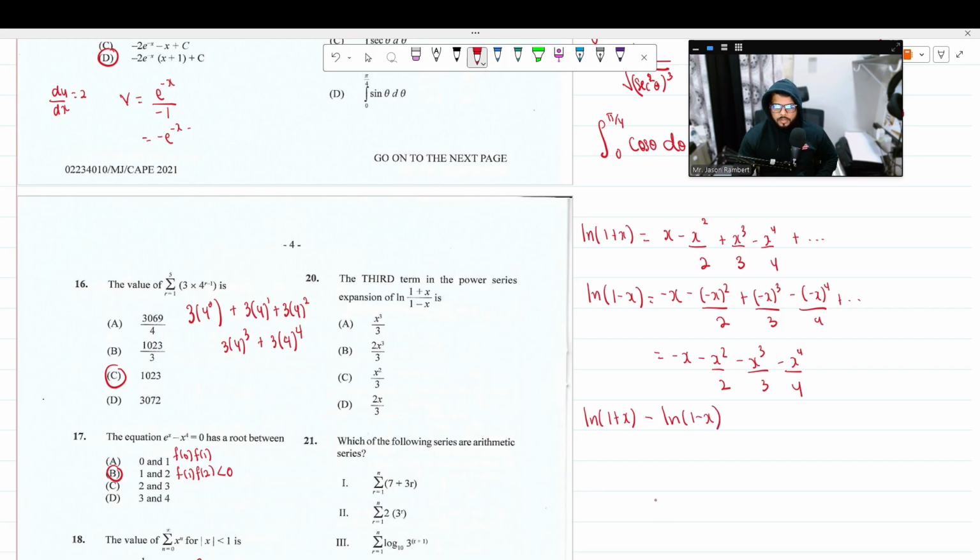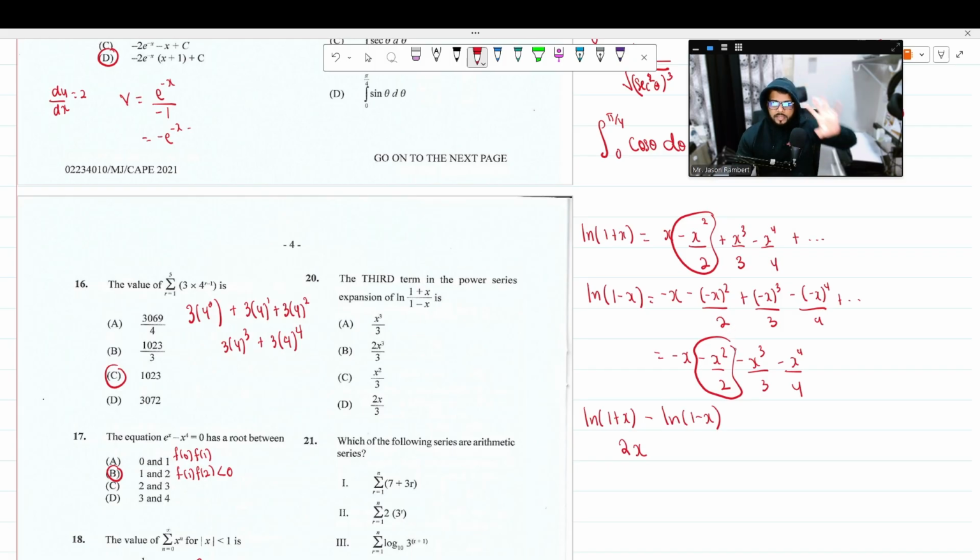The third term in the power series. So right now I have listed the first 4 terms in each. So when I take away these two series from each other, we have x take away negative x, that is x plus x, I'm going to get 2x. I'm going to get minus x squared on 2, take away minus x squared on 2.